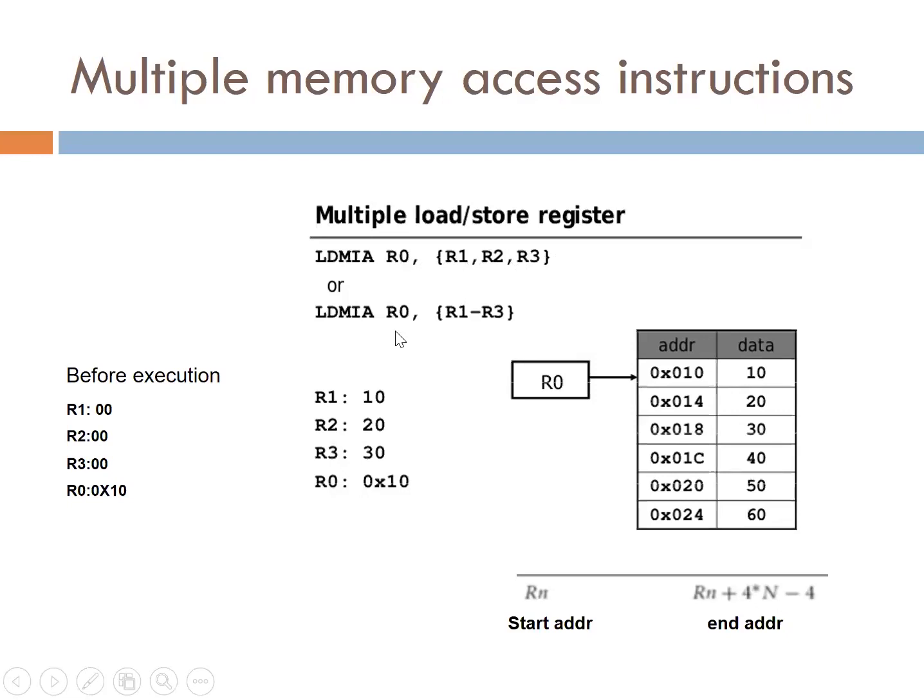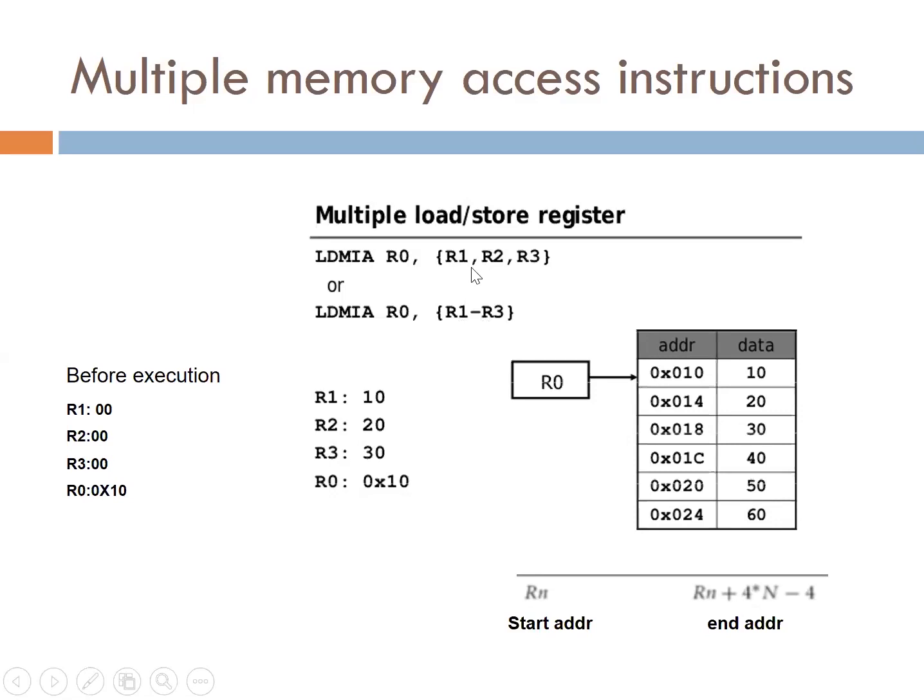We have 2 types of representation of the same instruction. LDMIA R0 comma R1, R2, R3, or you can represent the same instruction as LDMIA R0 comma within flower brackets R1 to R3. You can represent in this way only if the registers are continuous. Here R1, R2, R3 are continuous. So when you have a continuous register list, you can just represent R1 to R3.